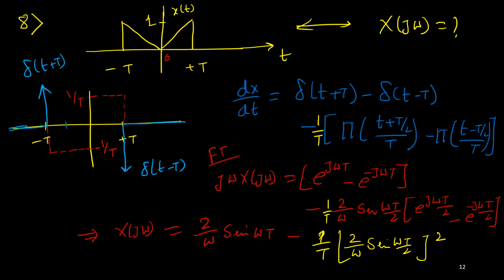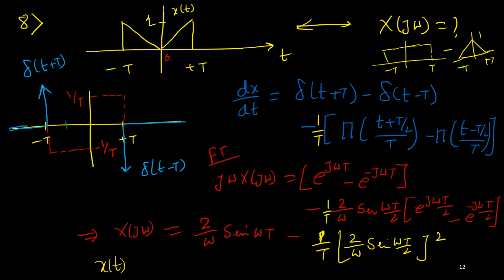Right? And this is also obvious, because we can consider that x of t has a gate function from minus T to plus T, and then you need to subtract this triangular function from minus T to plus T with height 1.